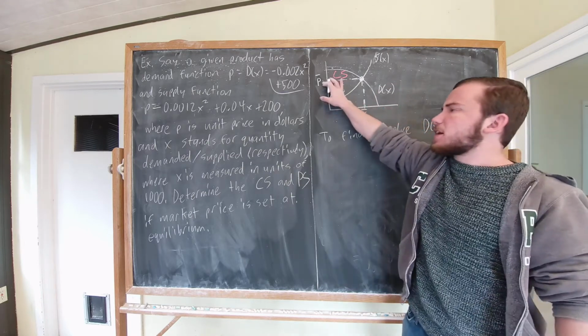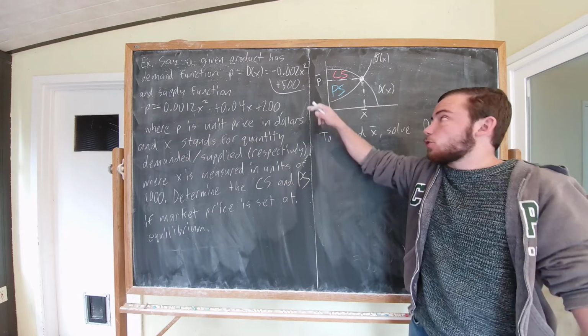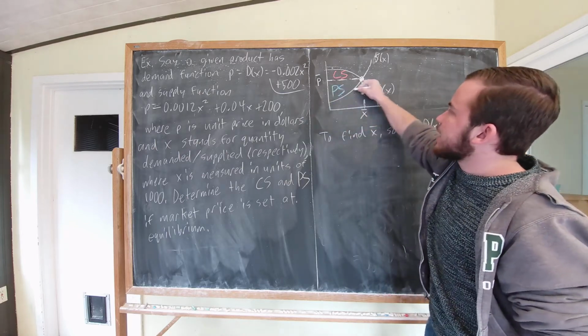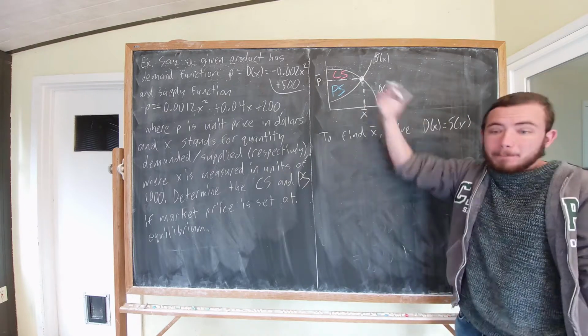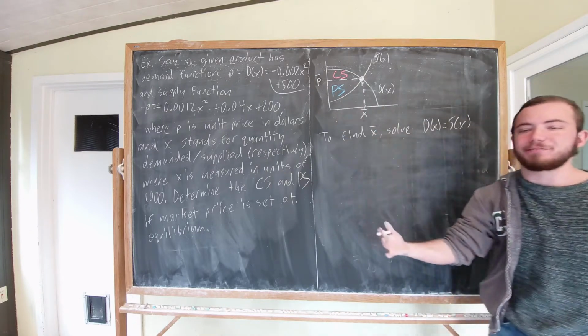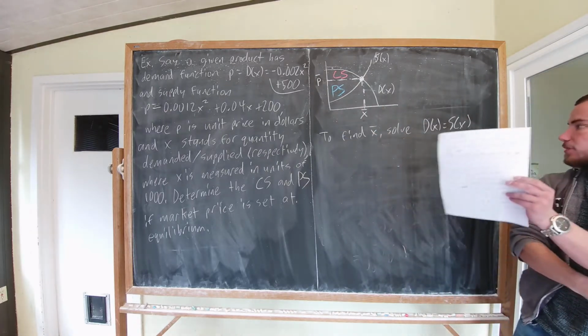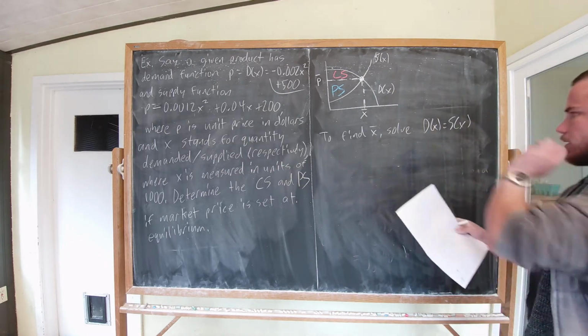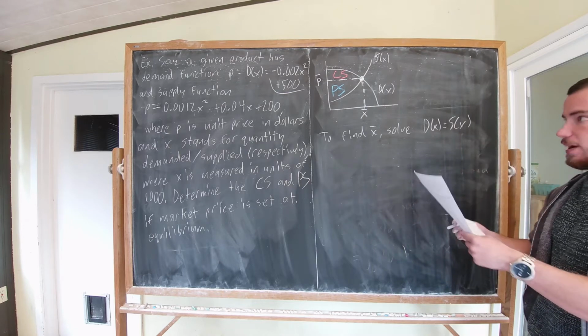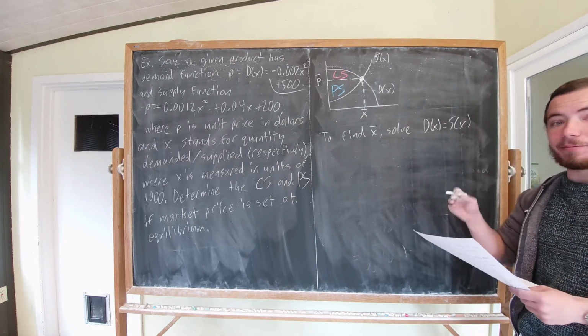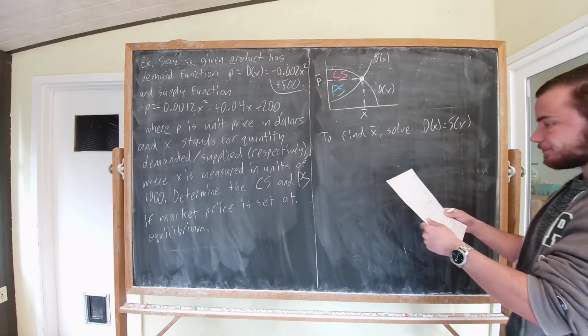If you were told P bar was set like down here-ish, then X bar would be completely different, but you would have been handed your P bar, so you could have back solved for X bar. Alright, in this case, let's solve D of X equal to S of X to get that equilibrium market state.